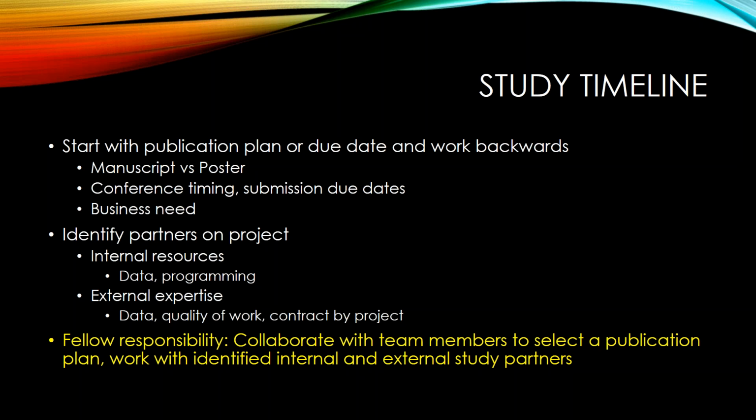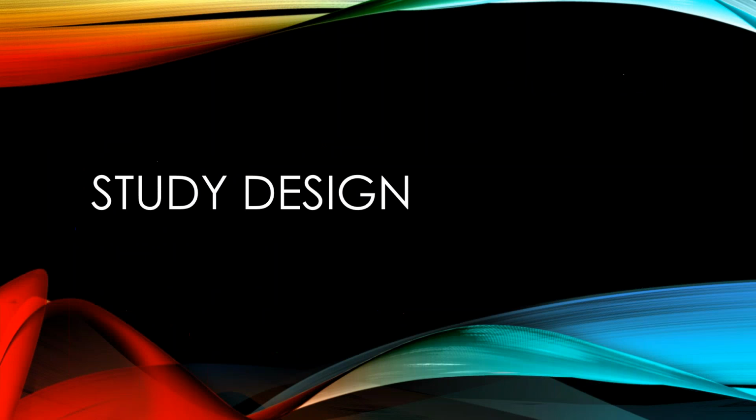External partners are often helpful because they might have more access to data and may be used to doing these types of comparisons, and we usually contract by project with external partners. As a fellow, you're expected to collaborate with both internal and external team members, aid in the publication plan, and identify any stakeholders that you need to communicate with.